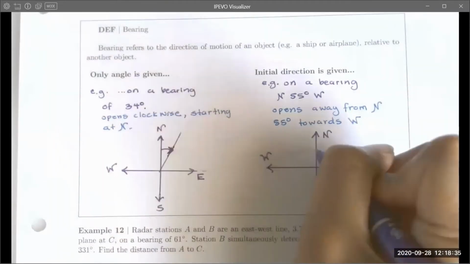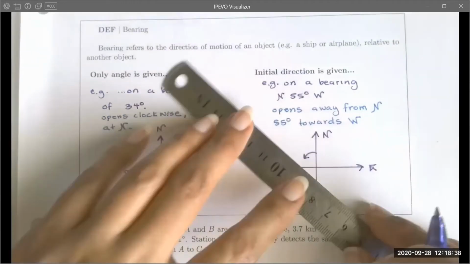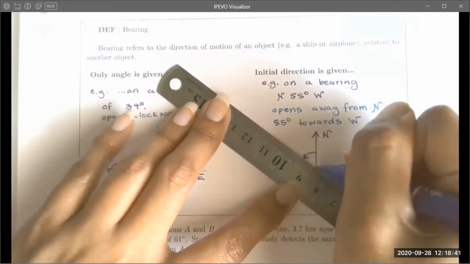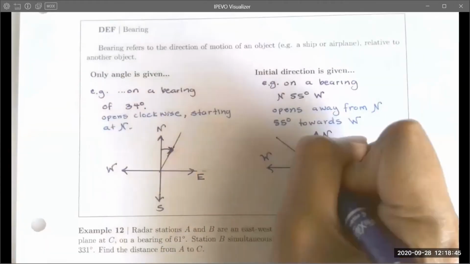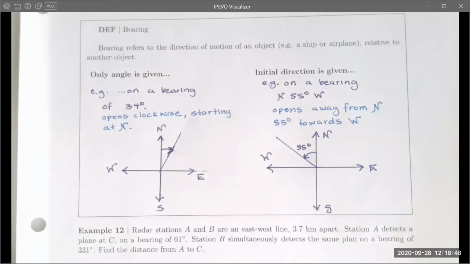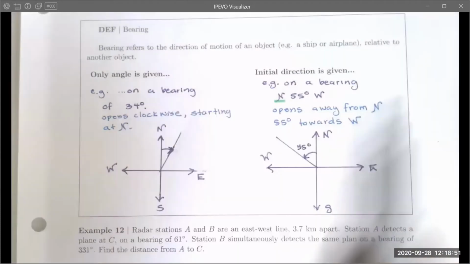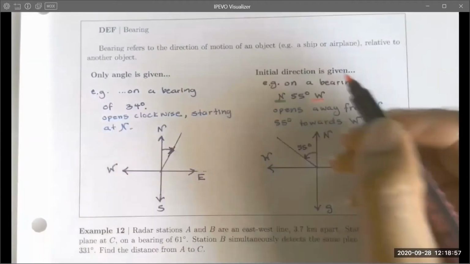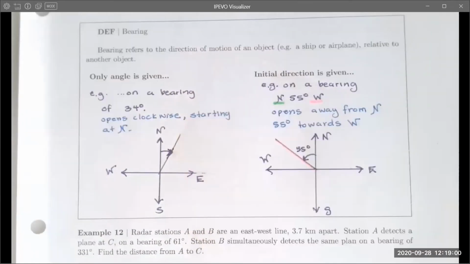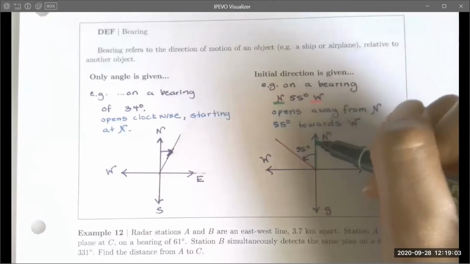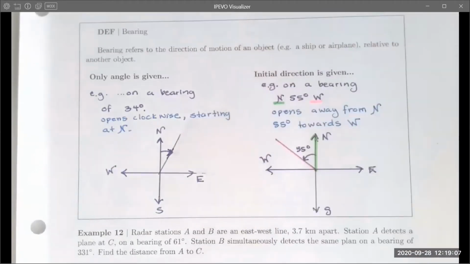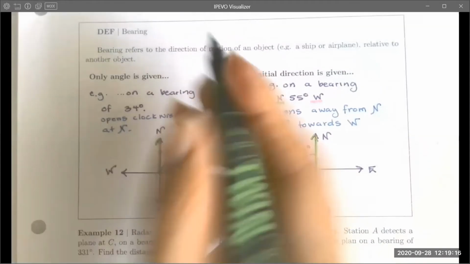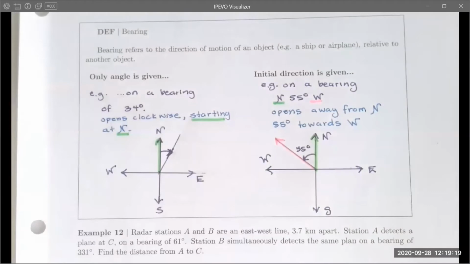So start at north, go towards west, 55 degrees. Start on north, open towards west. And when only the angle is given, you always start at north and you open clockwise.